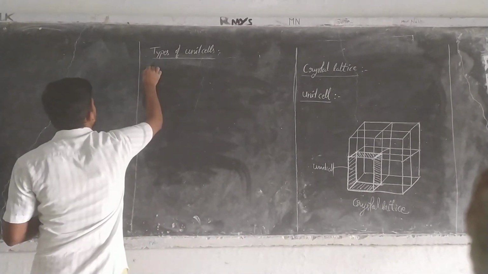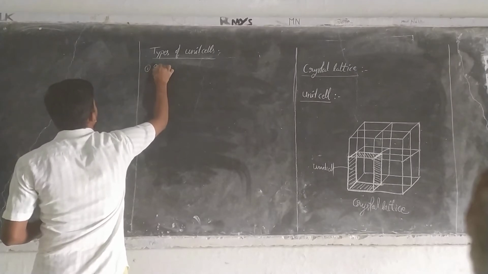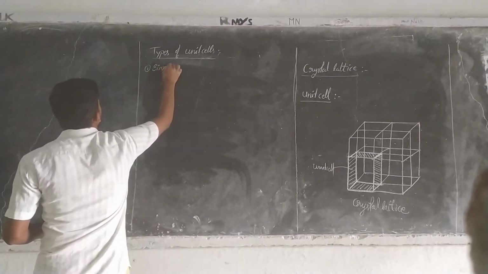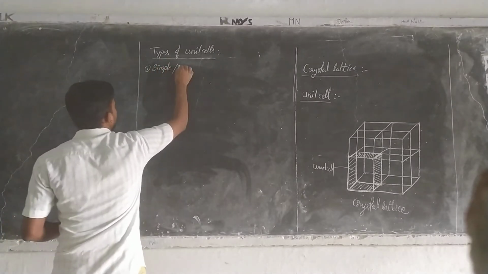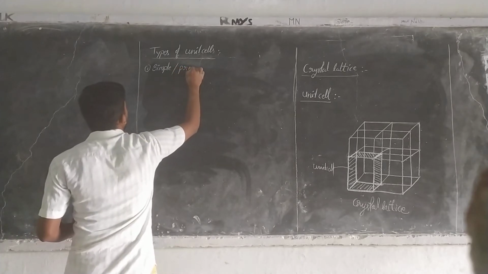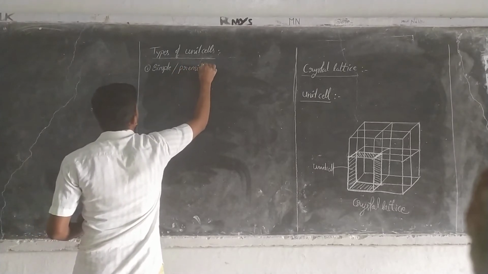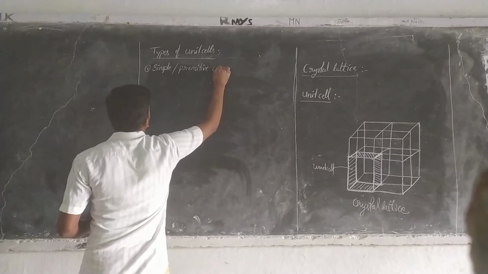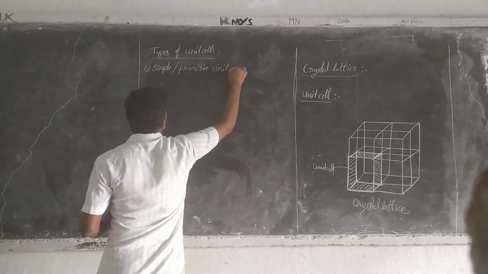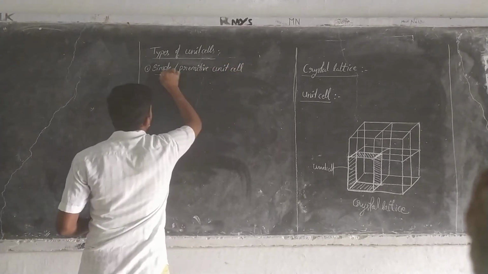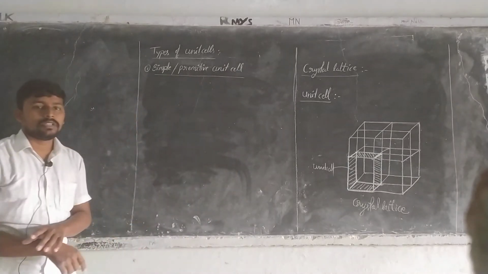First one is simple or primitive unit cell.